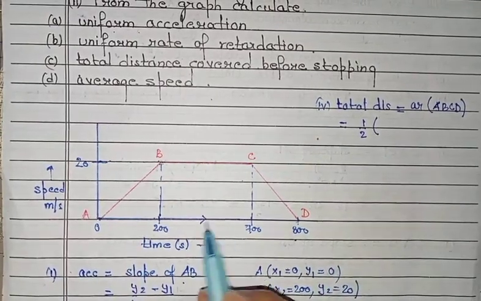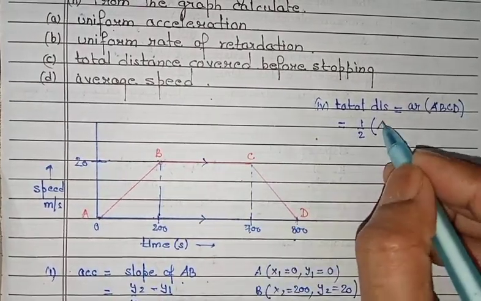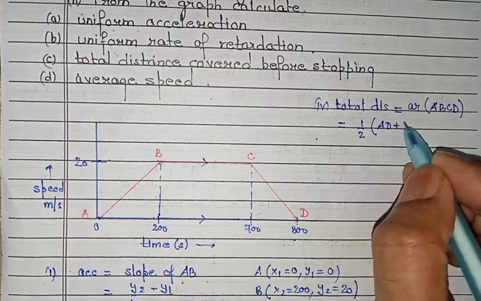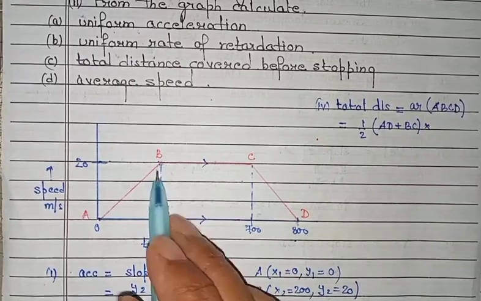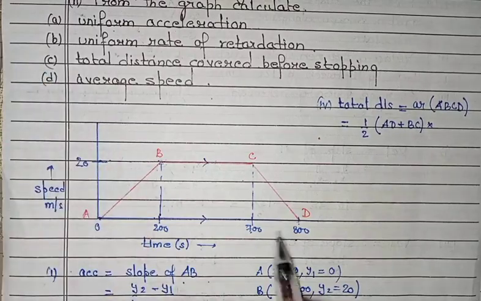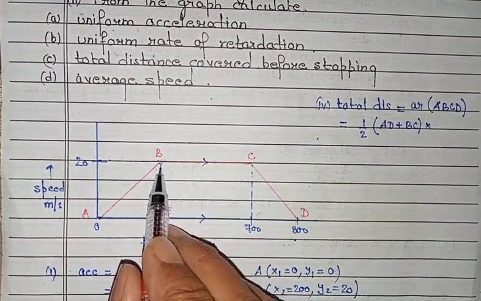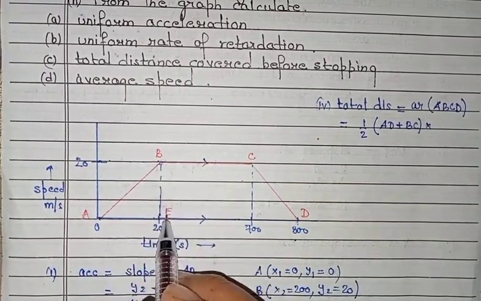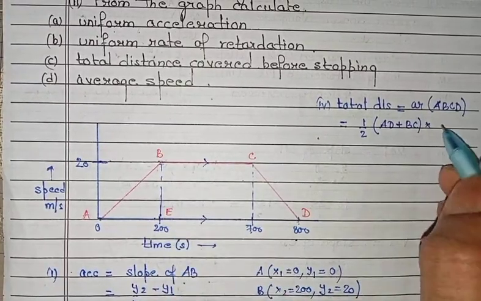The parallel sides are these two sides, AD and BC. AD plus BC into height. Now height is this vertical line, you can name it as BE. So this is the height, that is the perpendicular distance between the two parallel sides. So BE.